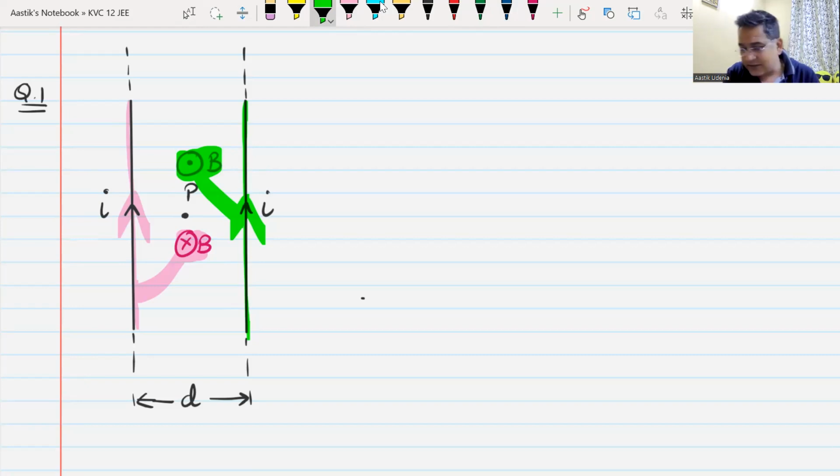So one is plus k, the other is minus k. The net magnetic field at point P will cancel out and your answer would be 0. Do we understand this? Yes or no? We understand this, that the answer is 0?